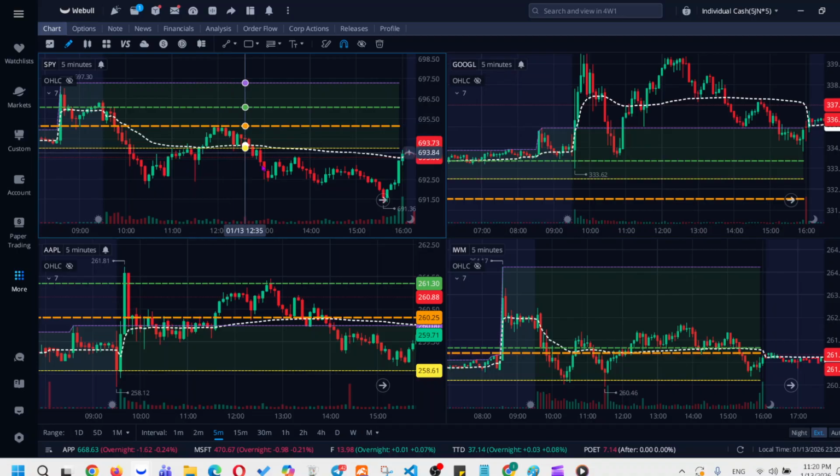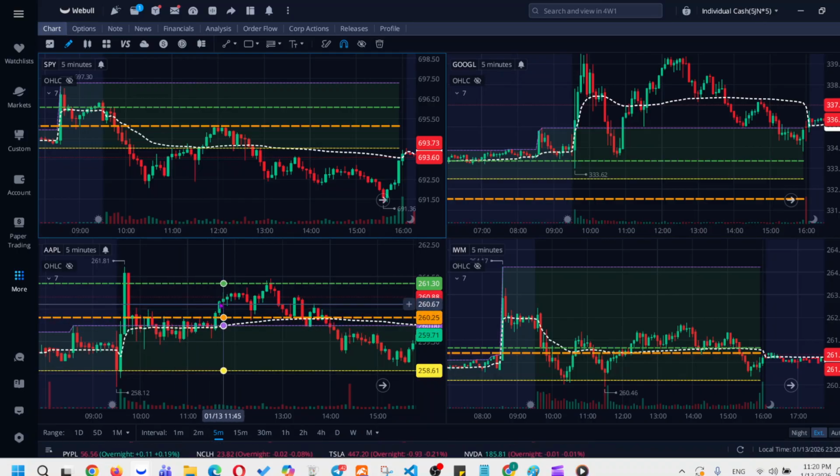Then it just goes down. For Apple at the open, it came down and was ranging just below the previous day close, and once it got up, there was an immediate retest at the previous day high, and again over here it comes back and got rejected from the previous day close, an immediate retest and rejection.